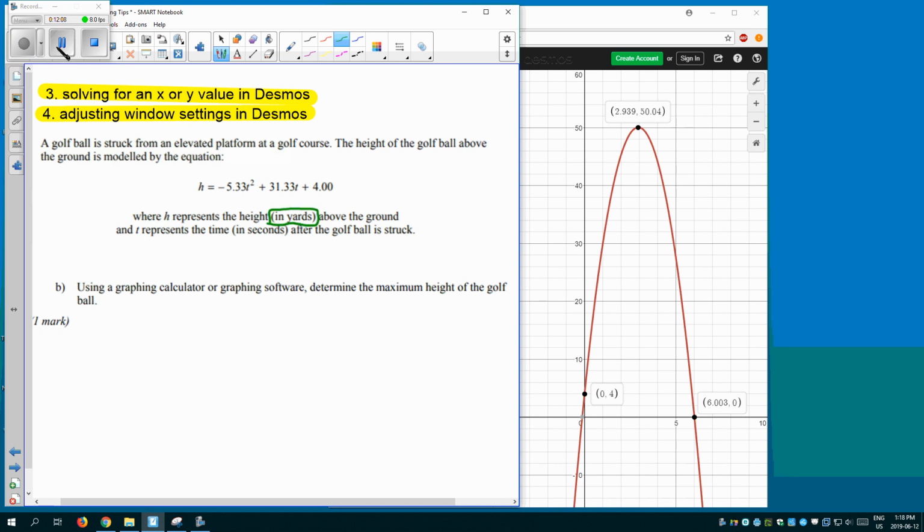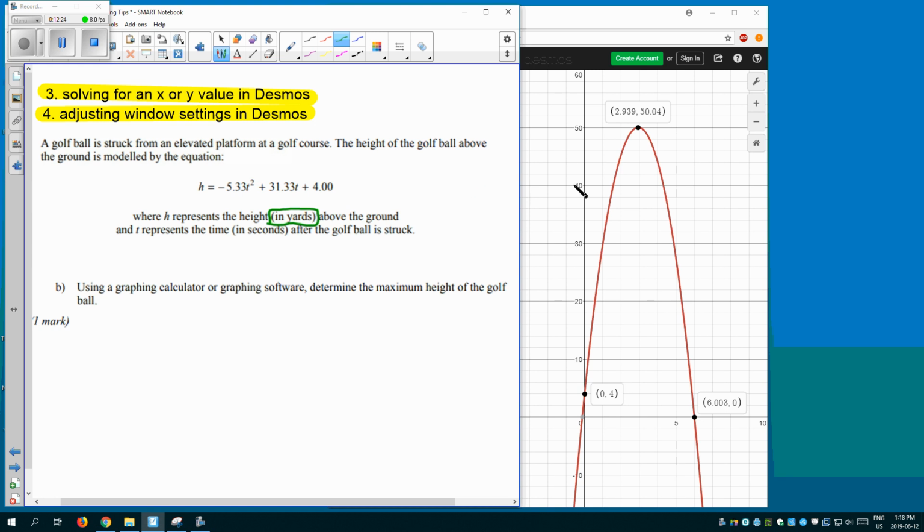The other thing that this question didn't do, and we could maybe make it a little more complicated, we could say, how high is the golf ball going to be at exactly 5 seconds?